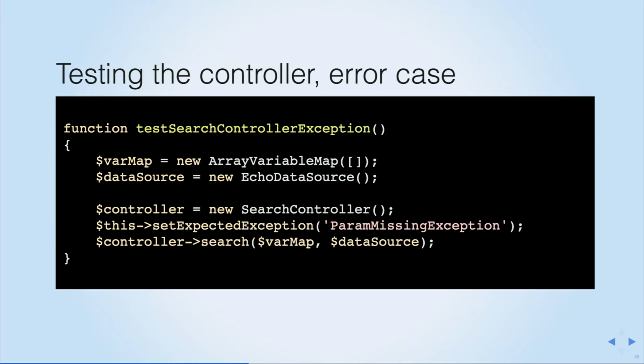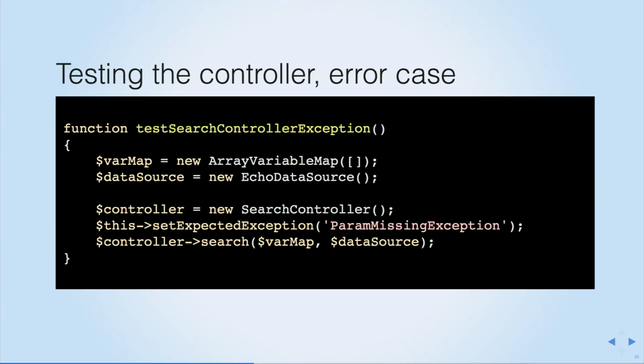We can also test the controller in the error case. For this test case, we don't set the search terms in the array variable map, and we can test that when we actually try to use that object, the expected exception is thrown.